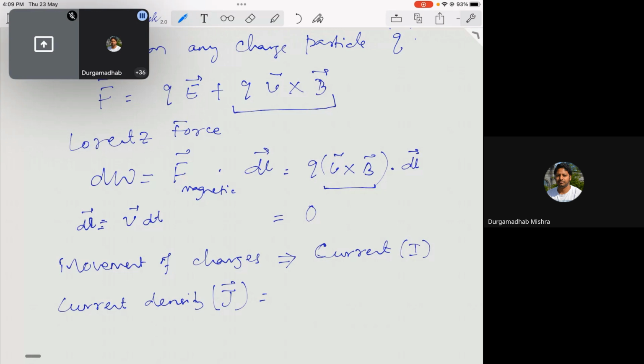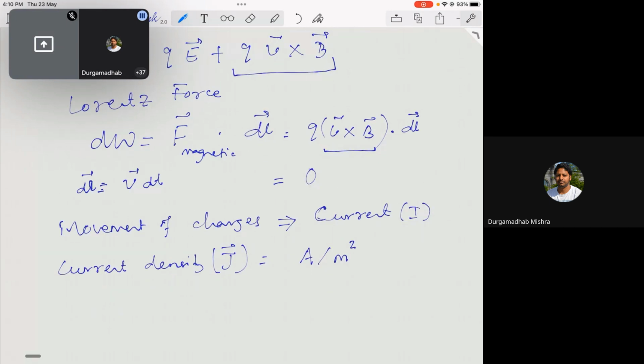This will be in ampere per meter square or centimeter square, depending on the unit that you are interested in. So this is the current per unit area, and that gives rise to a current density. And current density is always a vector quantity.